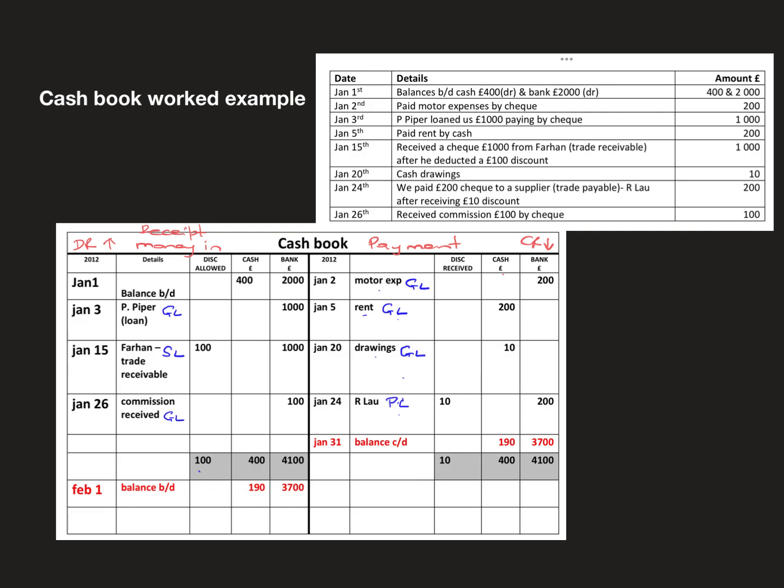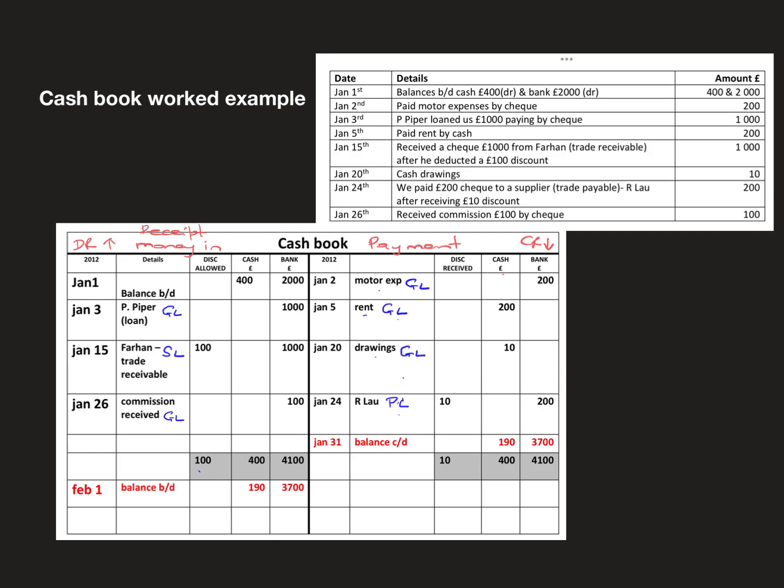The bank column is balanced off in a similar way. On the debit side, when I add all of these up, 2,000 plus 1,000 plus 1,000 plus 100, that gives me 4,100. On the credit side, there are two entries in the bank column: motor expense for 200, which we paid, and Law, which we paid 200, which is £400.